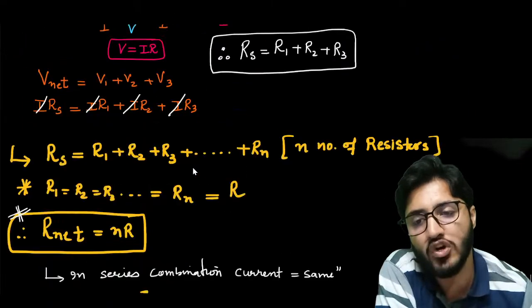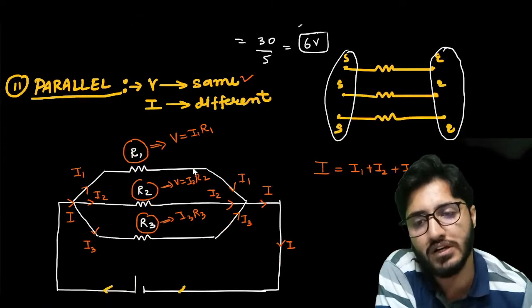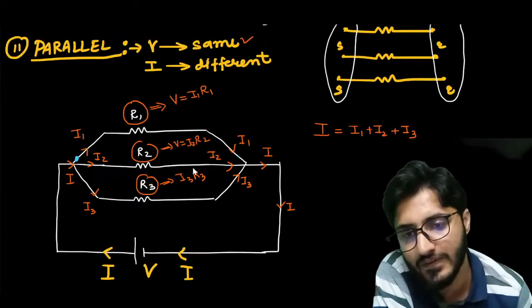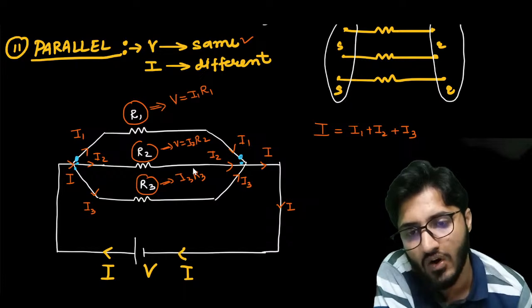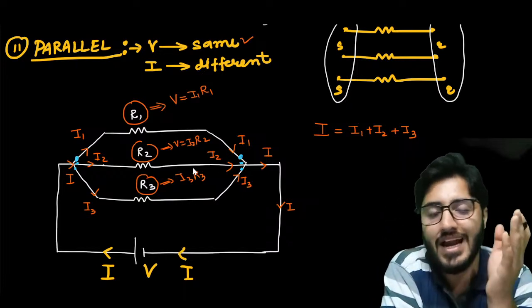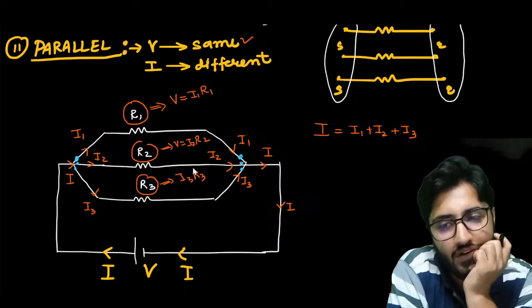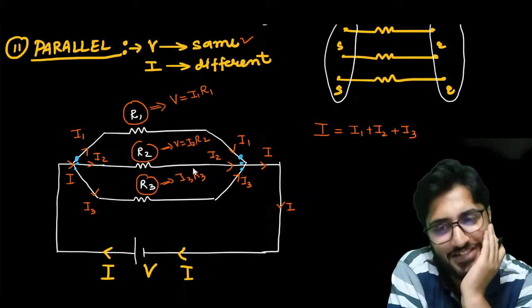But if you're talking about the parallel case, starting, end, starting, end, starting, end. The starting and end point is same for all three, no? That's why potential remains same.